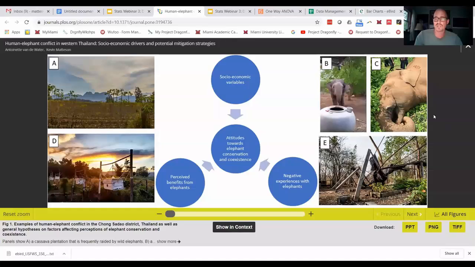But then elephants, this is a sad picture, of course, that died from electrocution, beehive fences and their potential. And then we also use it to show our hypotheses of how attitudes towards conservation could be affected by different things in this social system.